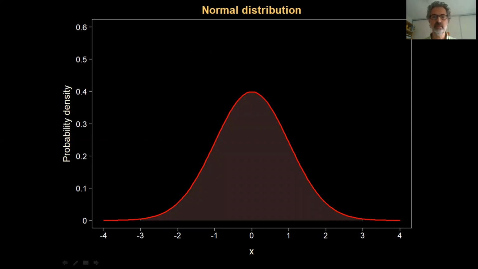And if we go all the way from minus 3 to 3, this is very hard to see, but there is a point right here. And so almost everything is included. The probability within 3, from minus 3 to 3, is 99.7.